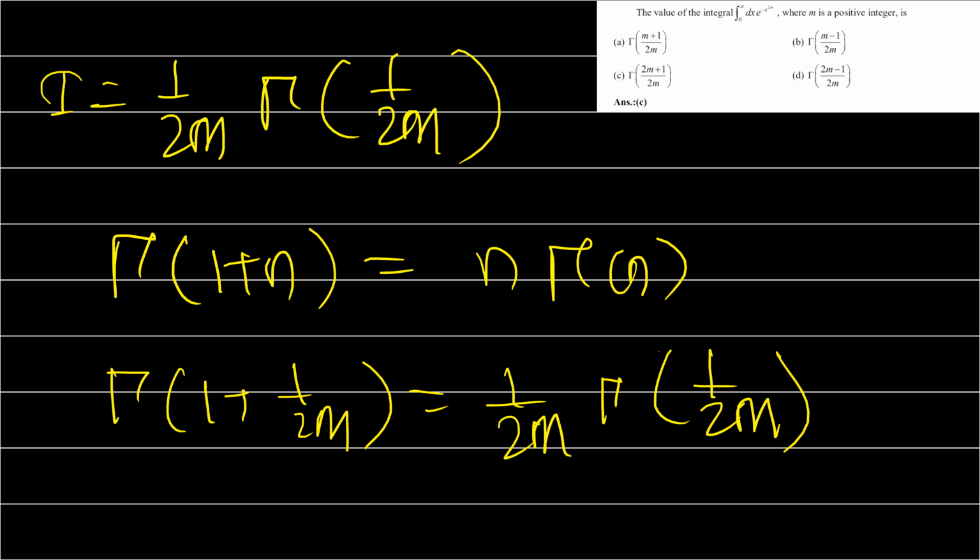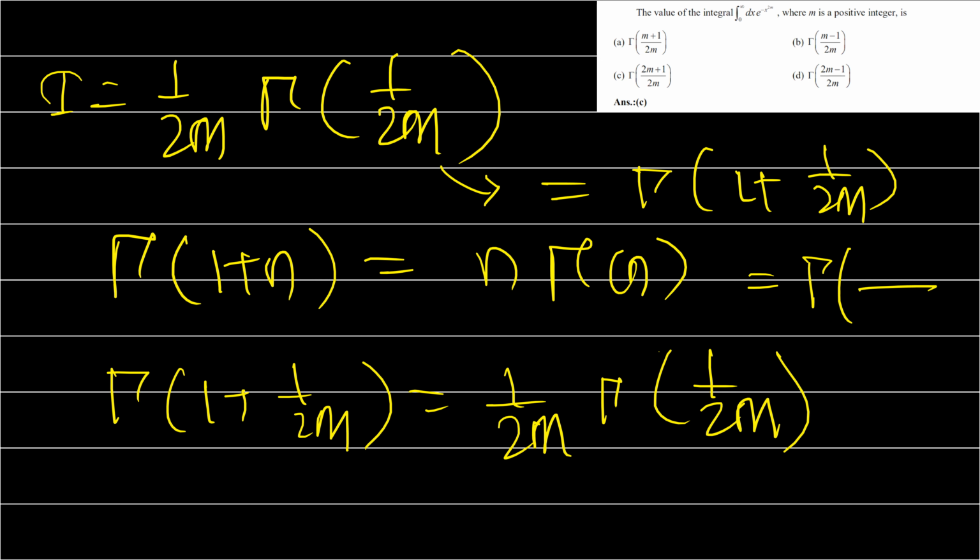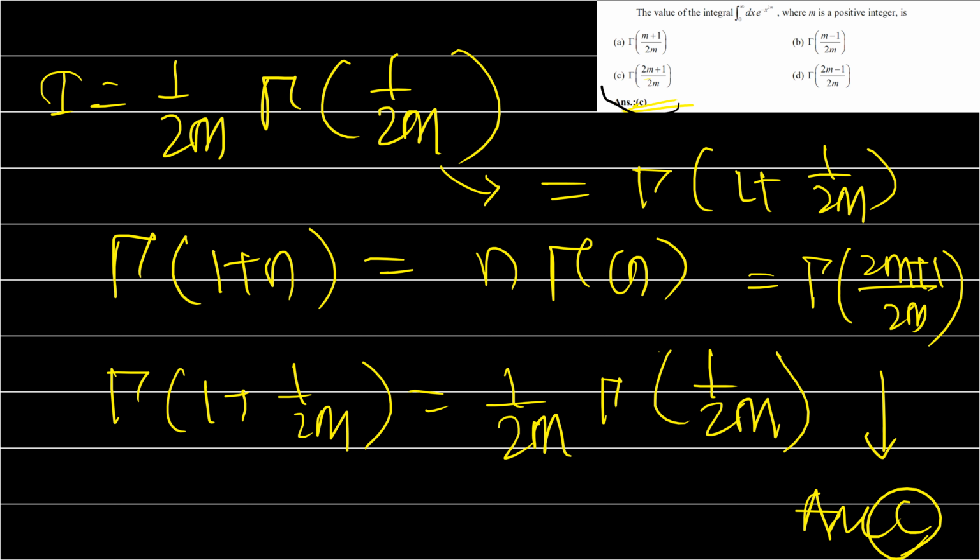Okay, so this integral has become gamma 1 by 2m. Now this is gamma of 2m plus 1. So the answer will be C. You can check it. The answer is C.